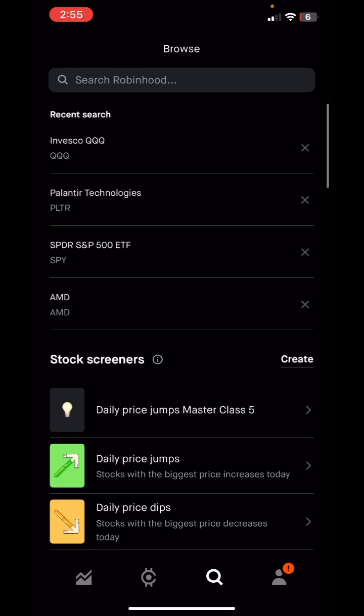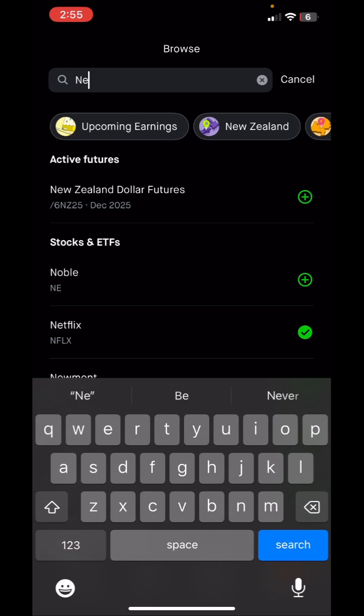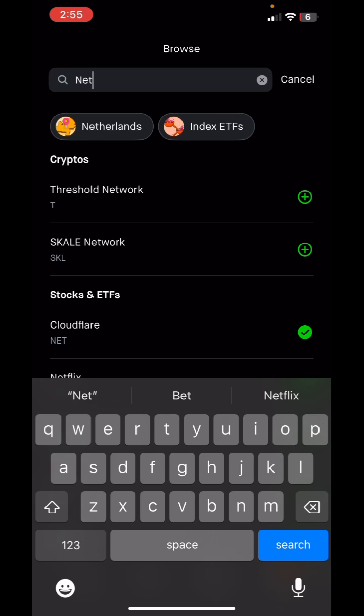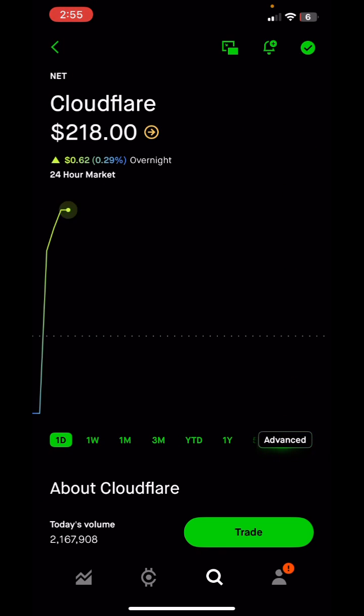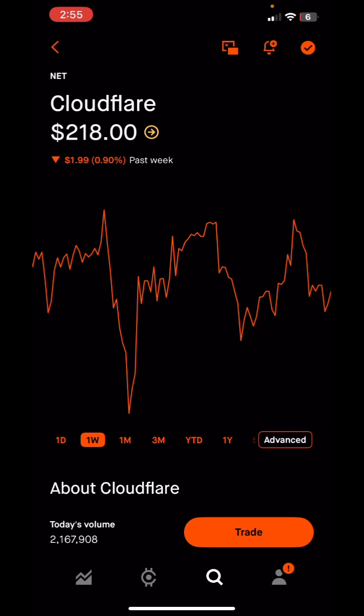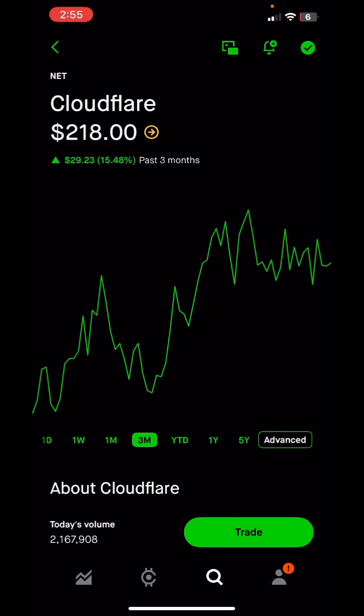Let's do Cloudflare. Now, currently at 218. $2 move over the week, over the month, $4.30 move. What's the 3 month? $29.